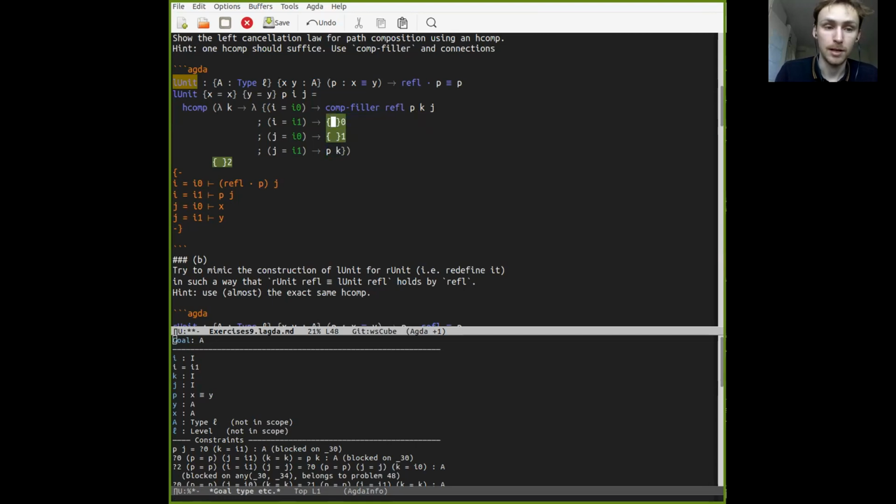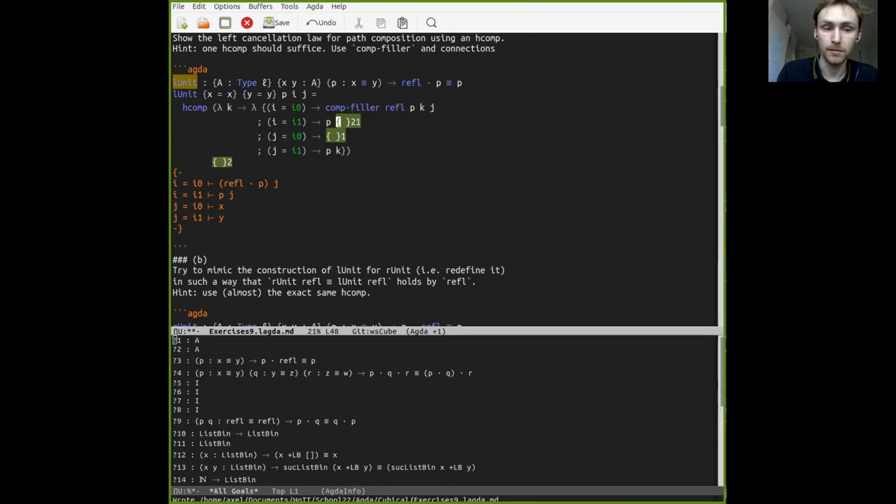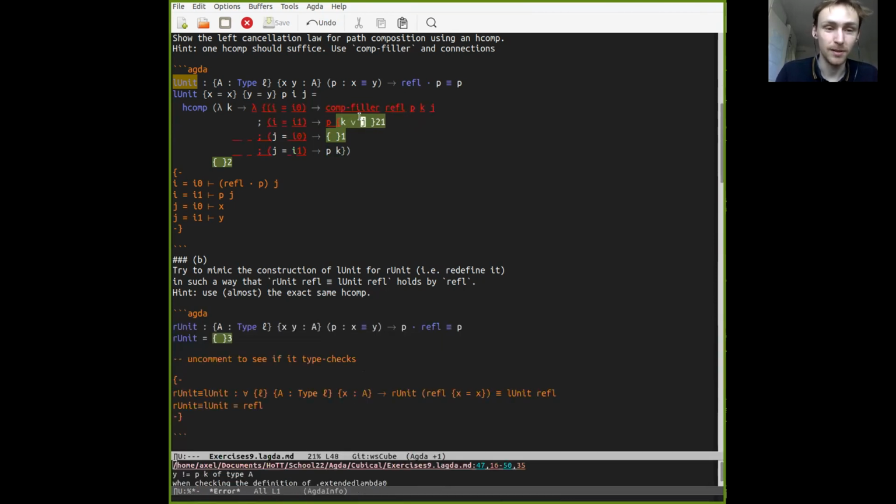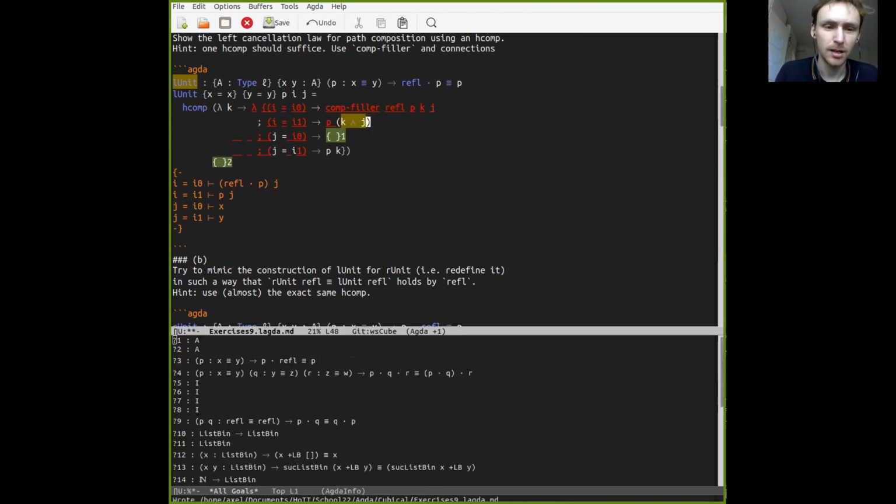In both cases, it's P something. But what? Well, let's try. Is it this? No. Is it? Okay, there are no inversions anywhere, so that can't be it. So there's really only this option we have left. Let's check if it works. Hopefully it does. Oh wow, it works. Again, you can usually improvise these things quite a bit.